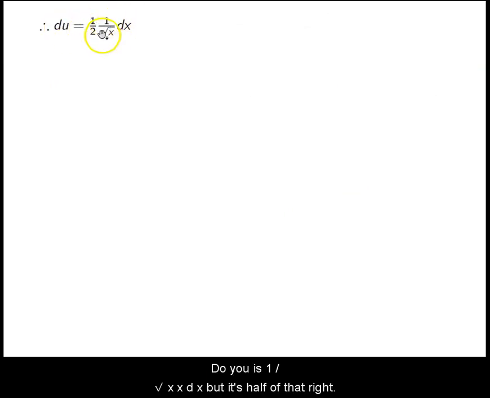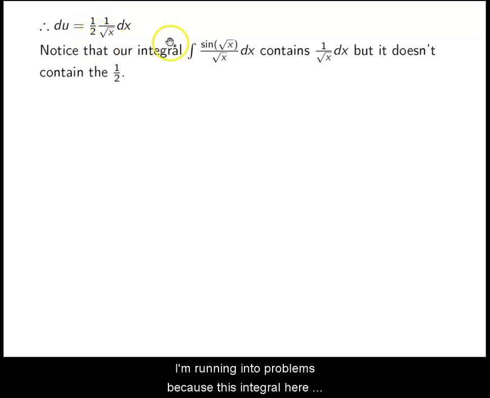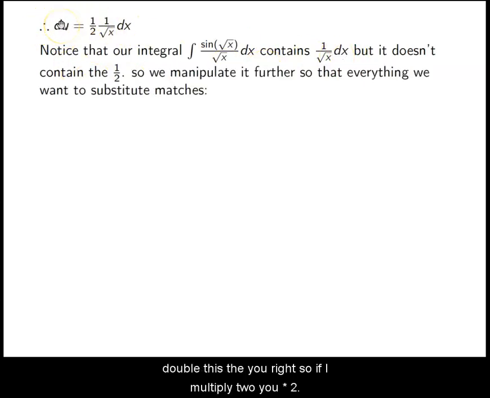Du is 1 over square root of x times dx, but it's half of that, right? So I'm running into a problem because this integral here does not have a 1/2 anywhere, so I can't just make a direct substitution. So what I have to do then is double this du, right?